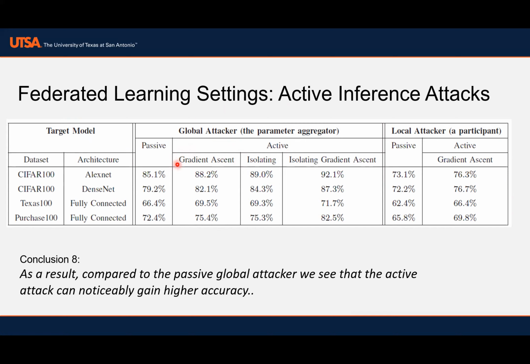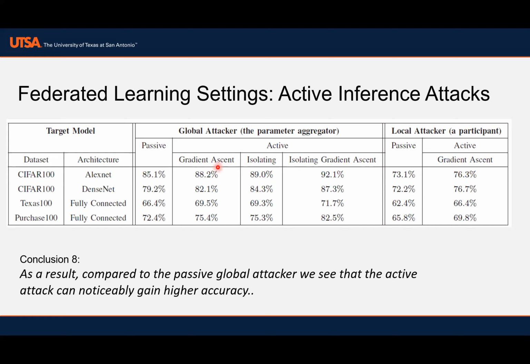Normally you need to decrease the gradient, but if we ascend the gradient, the aggregator would tell you that you need to decrease the gradient, so the gradient would be more different.